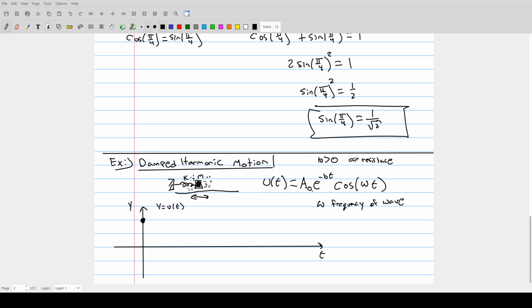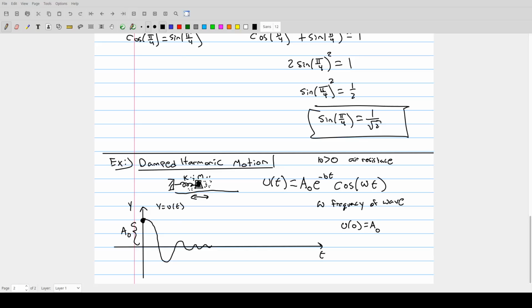And when t is 0, u of t is just equal to A naught. So this distance right here is A naught. And then as time progresses, u of t gets smaller and smaller, and it behaves similarly to the exponential function and the cosine function. It's like a combination of both of these two functions.